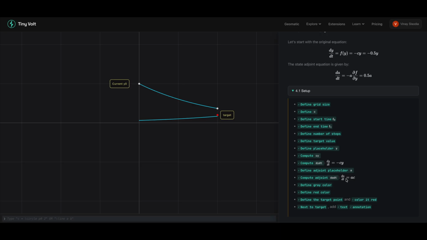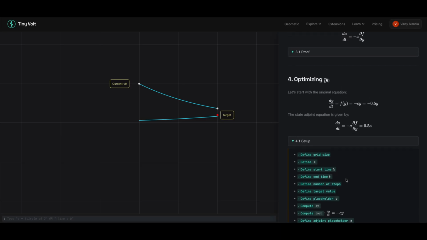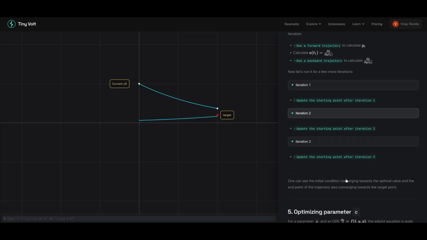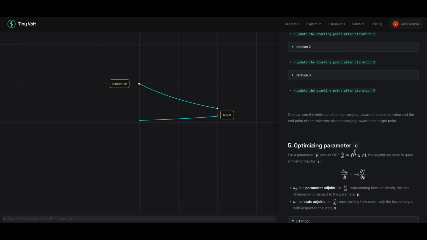The highlight is not calculation of these gradients. So just a note, we'll be using these values which we obtain manually and focusing only on the adjoint equation part. With that said, let's move on to our second case where we want to optimize the parameter of an ODE. In our case, that parameter happens to be the value c.